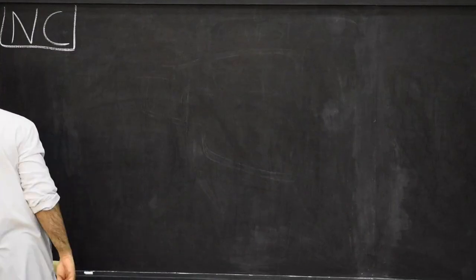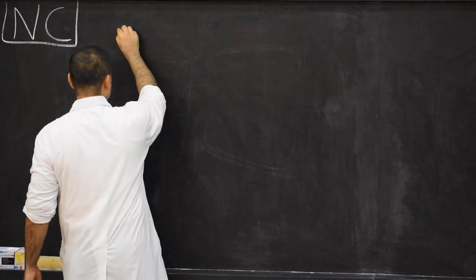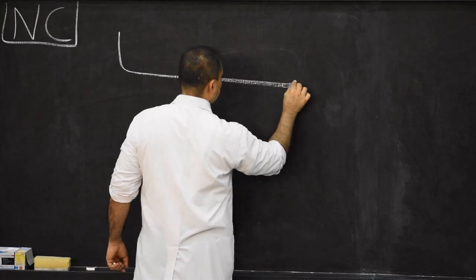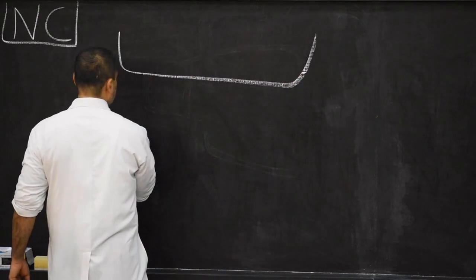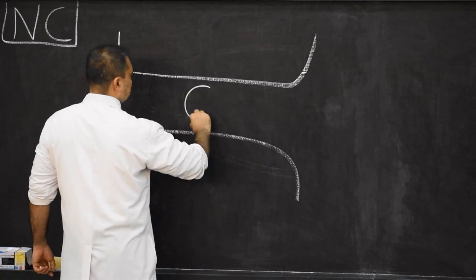The entire neural crest will develop from, this will be the surface ectoderm, this will be the endoderm, this already we have seen, and this is the neural tube.